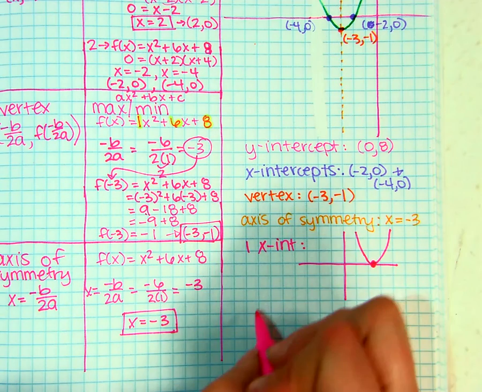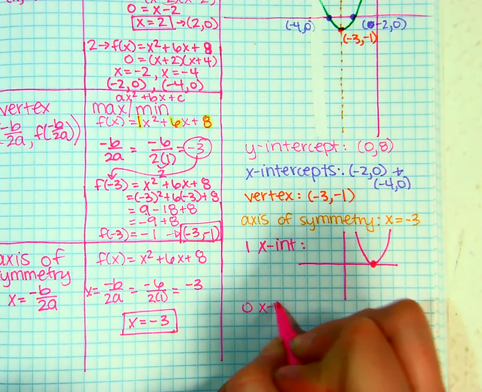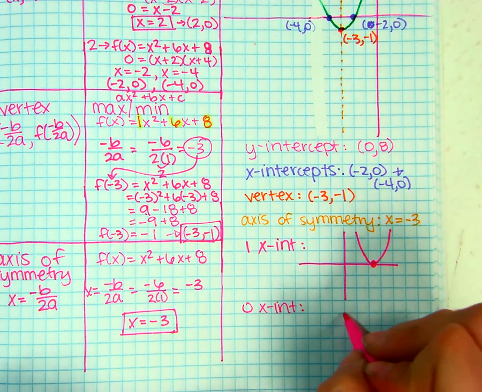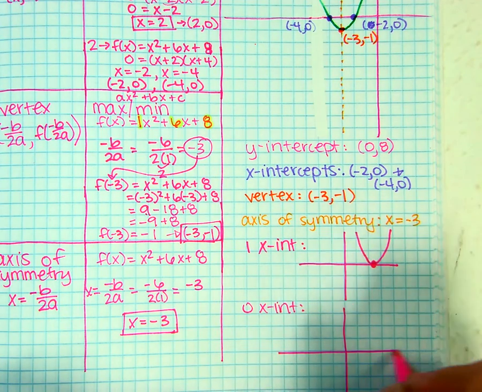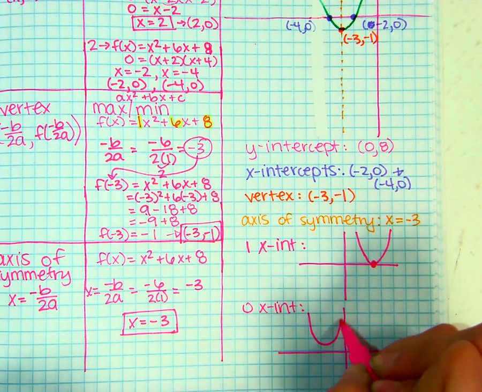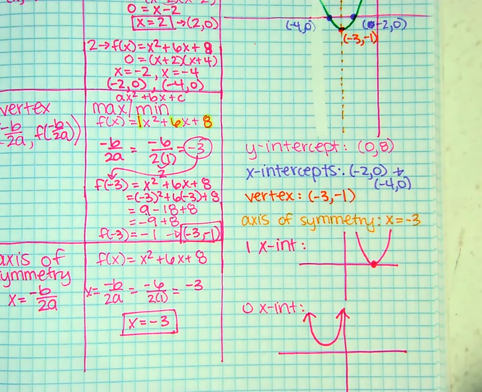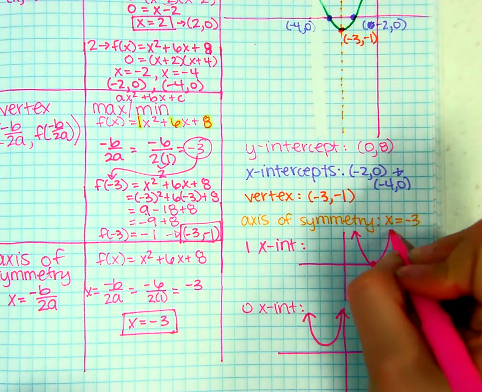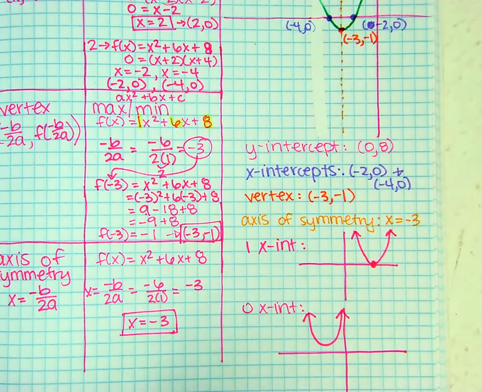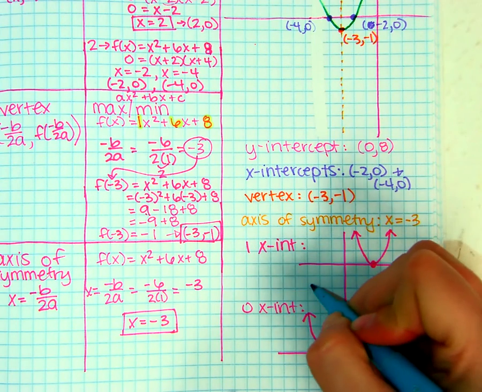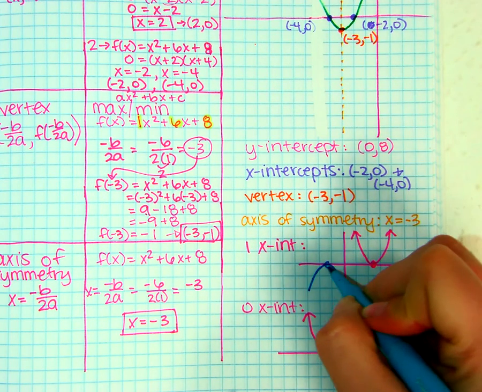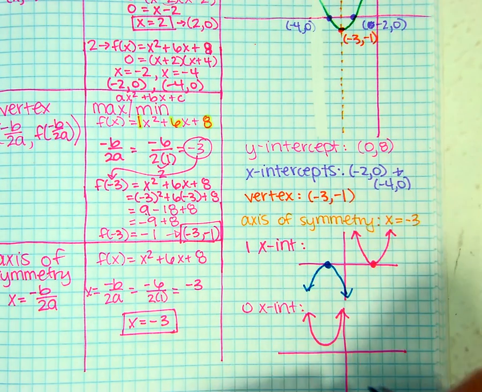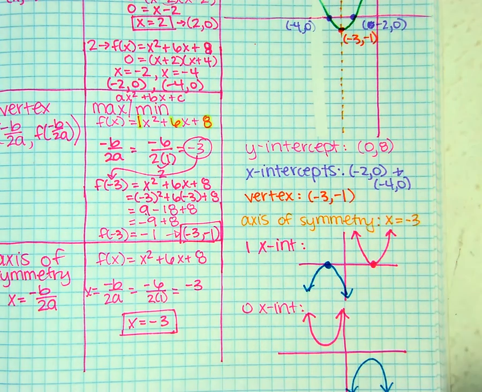If it had 0 x-intercepts, then instead of ever crossing the x-axis, it would either be above or below and going in the opposite direction. So these are 2 positive examples. Okay? We can also have negative ones. Alright? So they can be going down and still only crossing once. And it could be going down and only crossing. Okay?